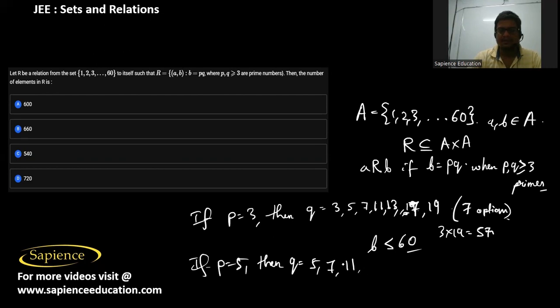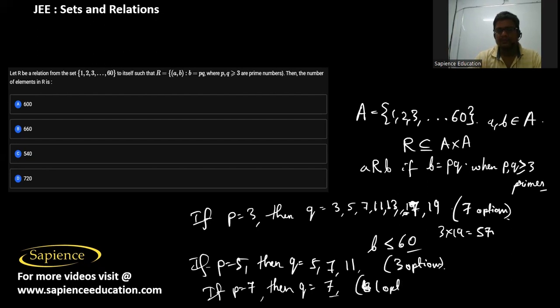It cannot be 13 since 13 times 5 is 65. So it has got three options. And now if P equals 7, then Q can be 7. Q cannot be 11. So Q can be 7 only. So we have only one option.